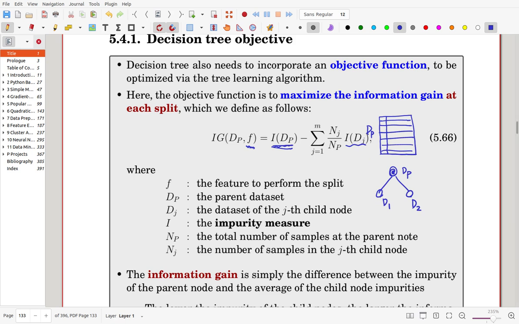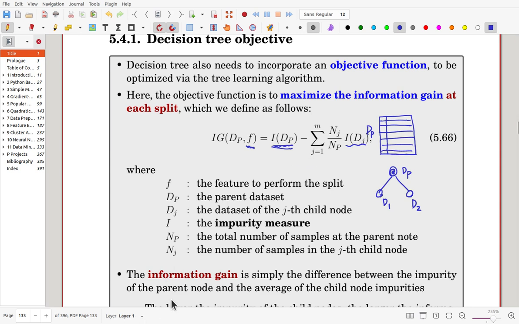The impurity of this child and that child will be computed and multiplied by the proportion, where nj is the number of samples in the jth child node, and np is the total number of samples at the parent node. So it is a sort of average child impurity, and that is subtracted, and we will try to maximize it.